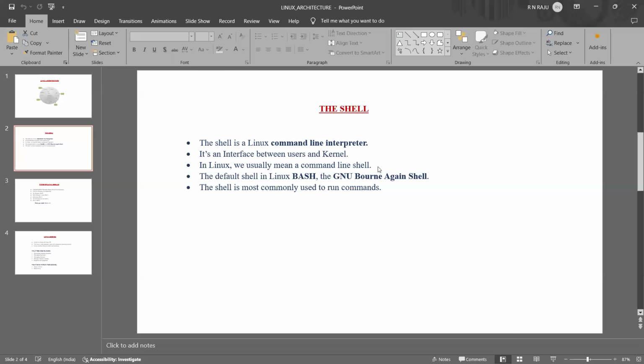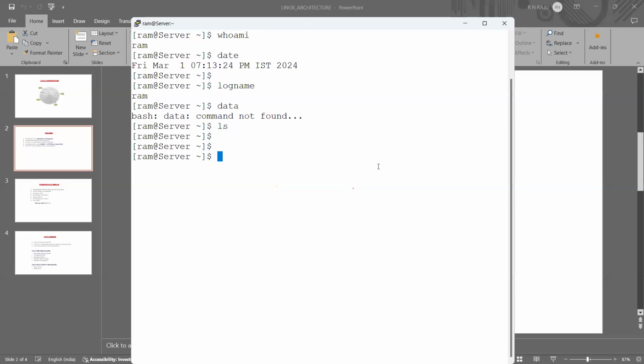Best example: in Red Hat, if you need to install any application, generally YUM or DNF is the command. With the help of YUM or DNF commands, you can easily install software. But when you go to Ubuntu, for installing any application in Ubuntu, apt is the command or apt-get is the command.